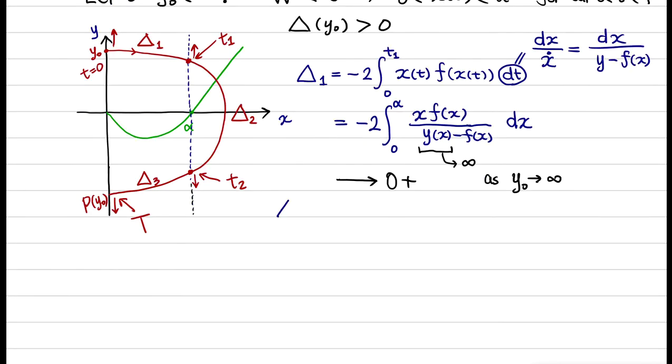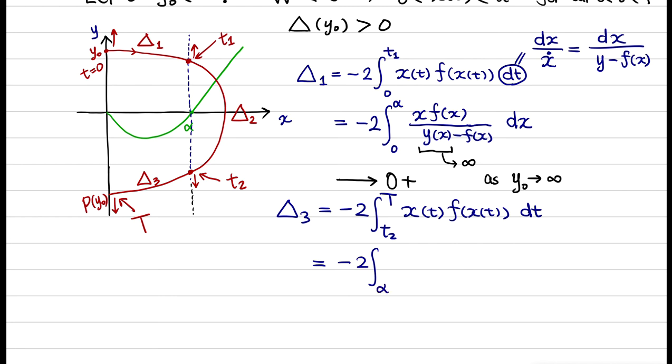Let's look at delta 3, which is very similar. It's just the integral from t2 to capital T of the same form. And again, changing to x integral, now instead of 0 to alpha, the starting point at t2 is alpha. It's the integral from alpha to 0 of the same integral.